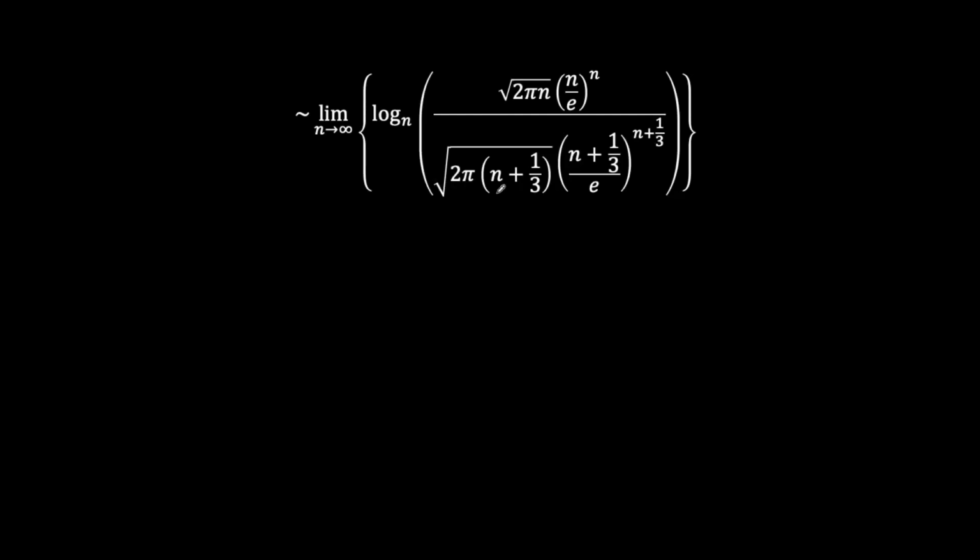So square root of 2 pi in bracket n plus 1 over 3 times n plus 1 over 3 over e to the power n plus 1 over 3.